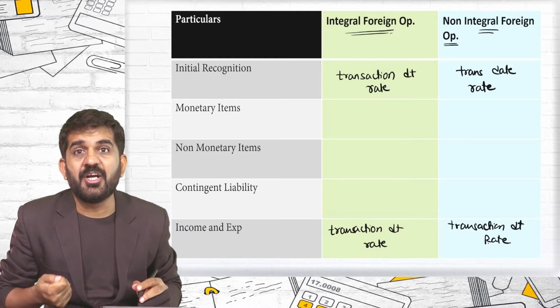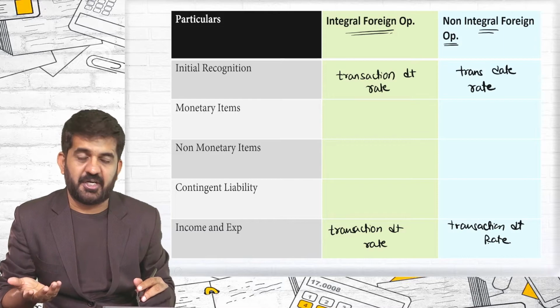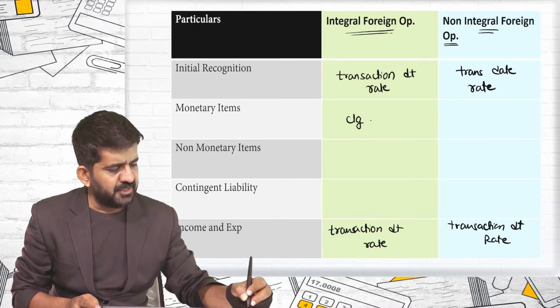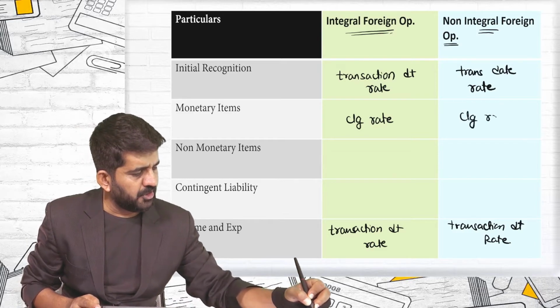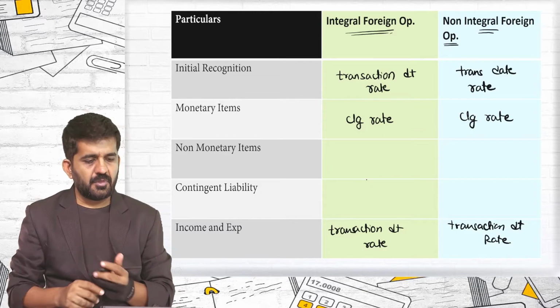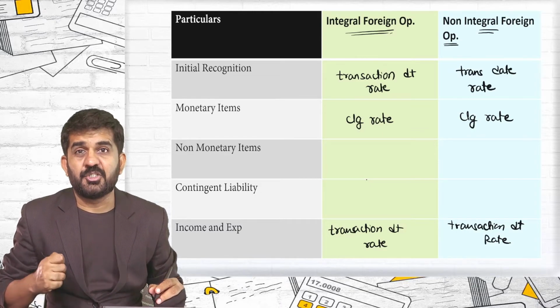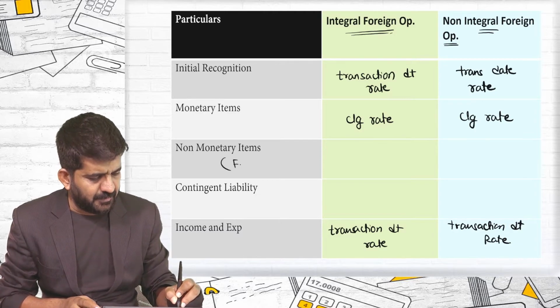As far as monetary items are concerned, such as debtors, creditors, outstanding expenses, whether integral or non-integral, the closing rate is used. For non-monetary items, let us take one example, fixed asset.